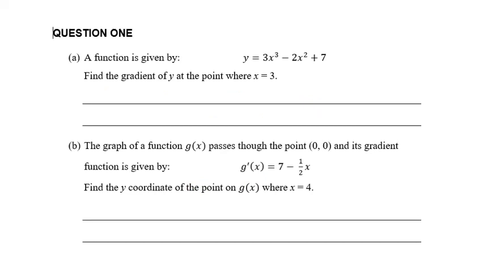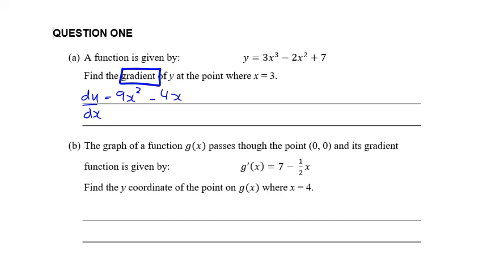So find the gradient of y at the point where x equals 3. Now, what is this question asking me to do? Find the gradient. Now remember, gradient means differentiate. So differentiate: dy by dx equals 9x squared minus 4x.